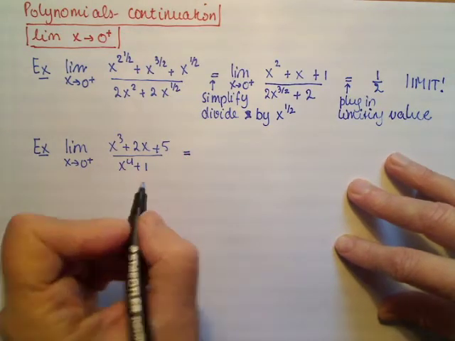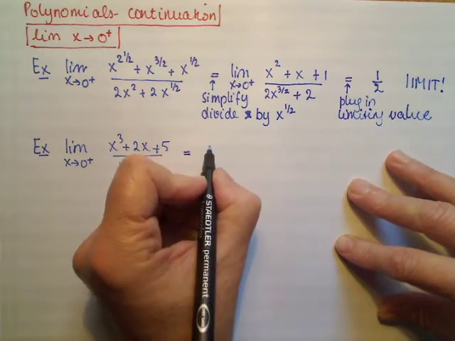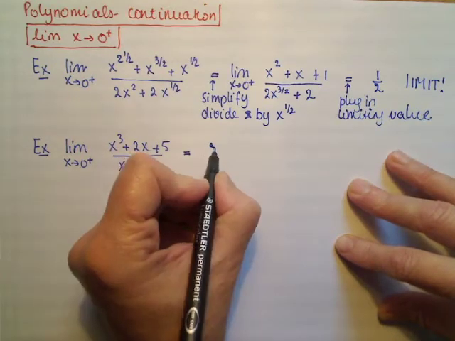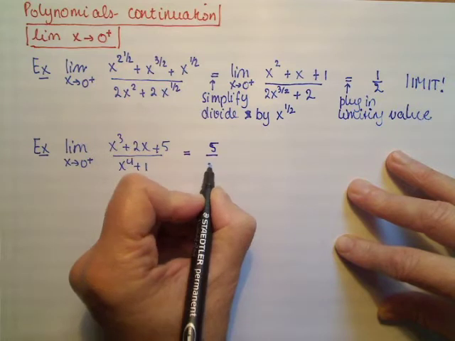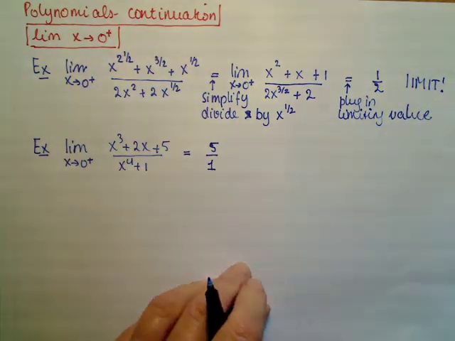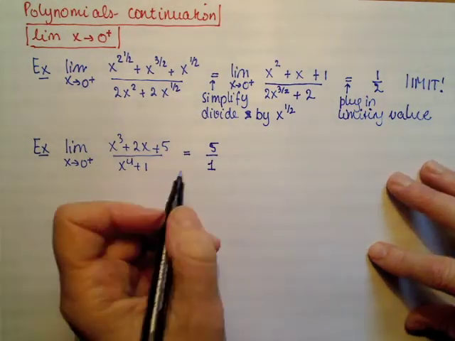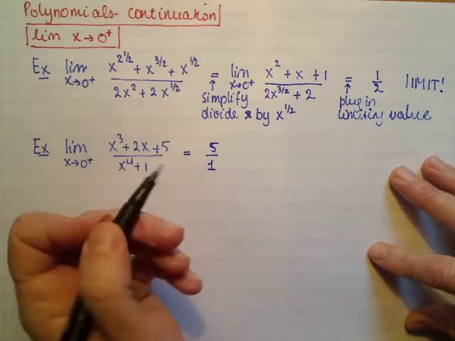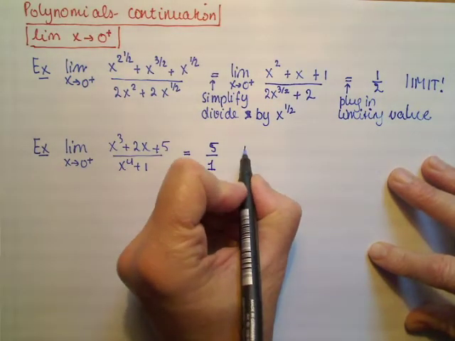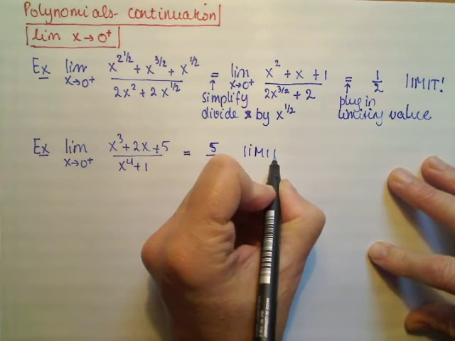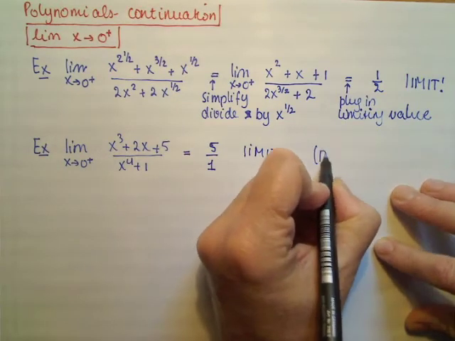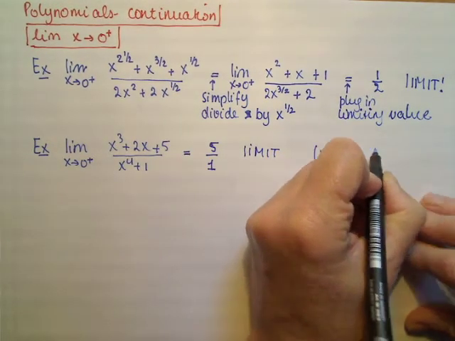We plug in the limiting value, and then we get 0 plus 0 plus 5 over 1. And what we get is a nice, non-problematic number. We get 5. This is the limit. And what we did was plugging in the limiting value.